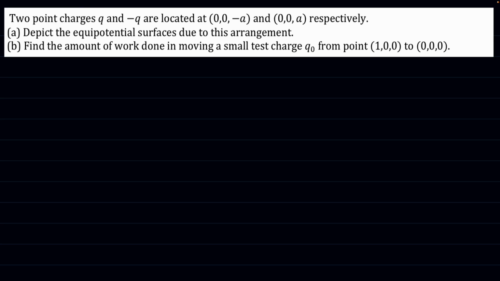So let's solve the first part of the question. Here we have to draw the equipotential surface. If we have 2 point charges, let's take this as plus Q and here it is minus Q. The position of plus Q is (0, 0, minus A).